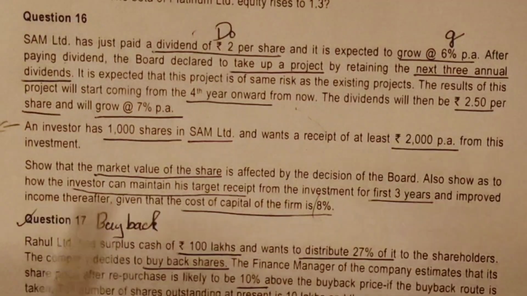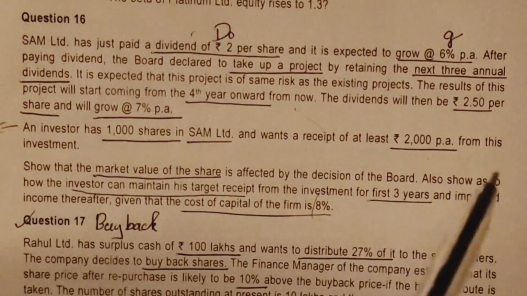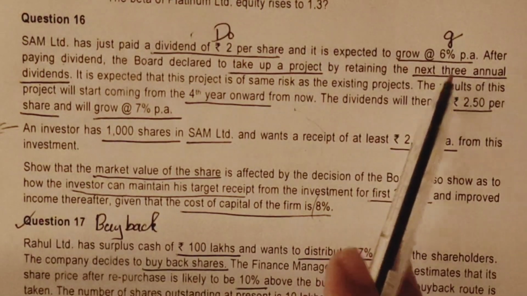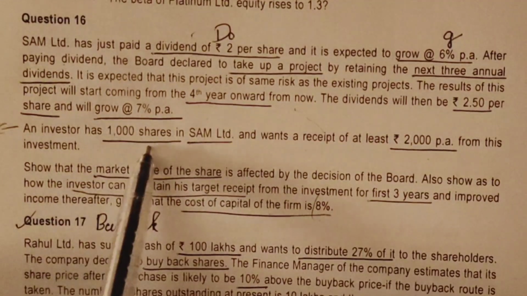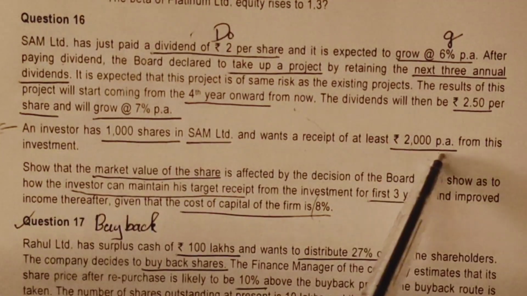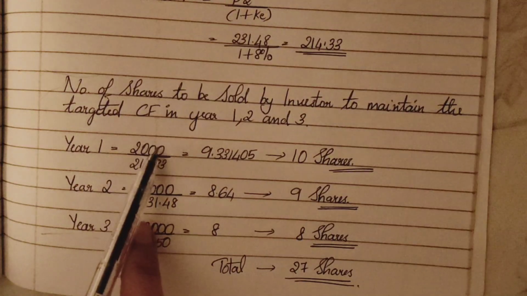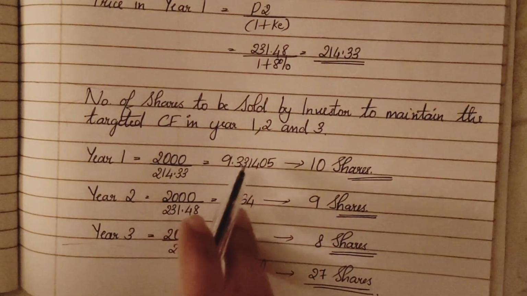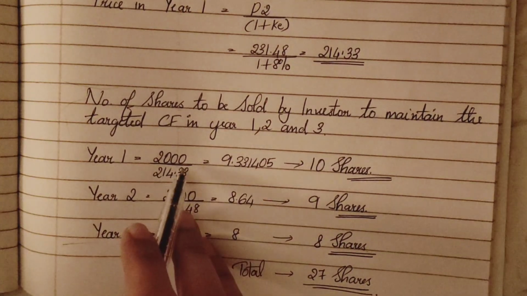Now we need to compute how the investor can maintain his target receipt for first 3 years. Since there is no dividend for first 3 years, he needs to sell his shares from these 1000 shares to get an earning of 2000 per annum. So for first year 2000 കിട്ടണമെങ്കിൽ 2000 divided by price 9.33 shares sell ചെയ്യണം. 9 shares sell ചെയ്തിട്ട് കാര്യമില്ല, 2000 കിട്ടത്തില്ല.